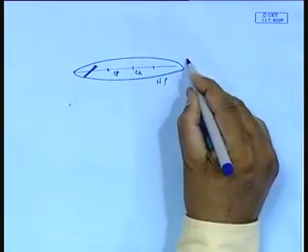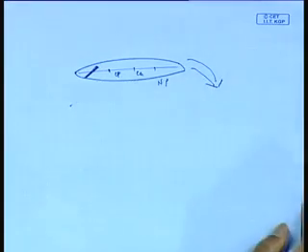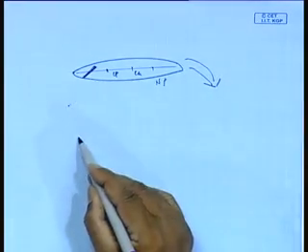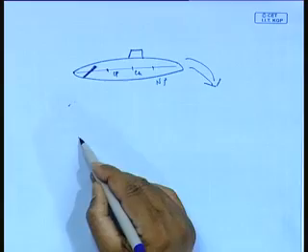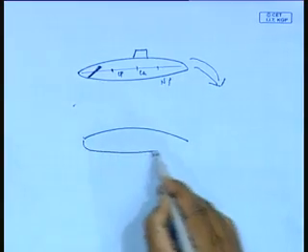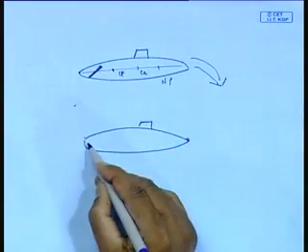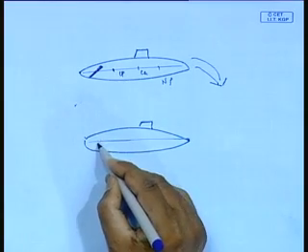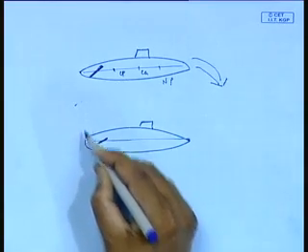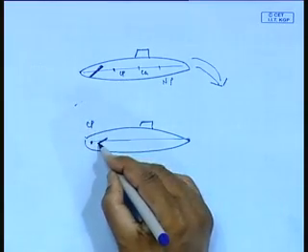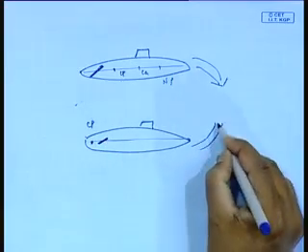Then this will cause the vehicle to turn. But if Cp is here, this would cause the vehicle to go up.